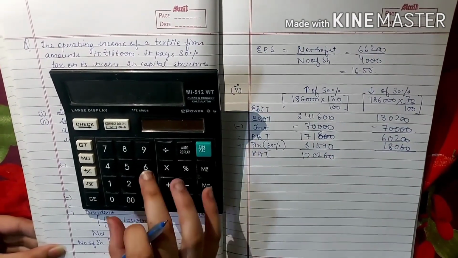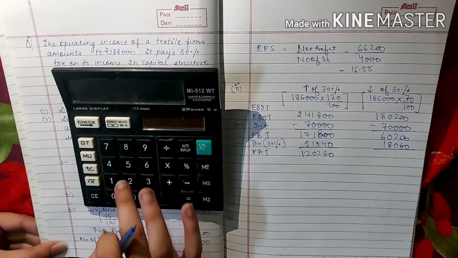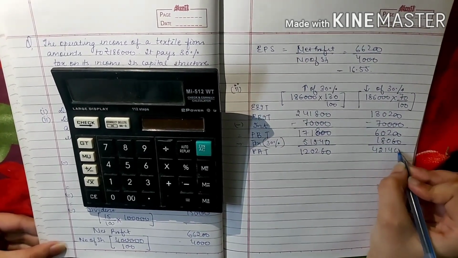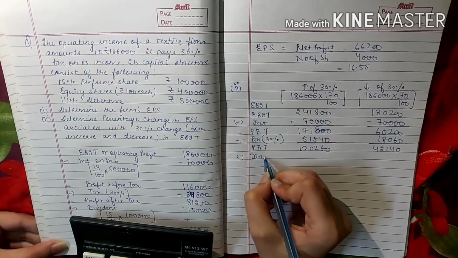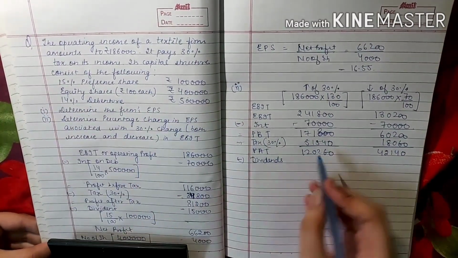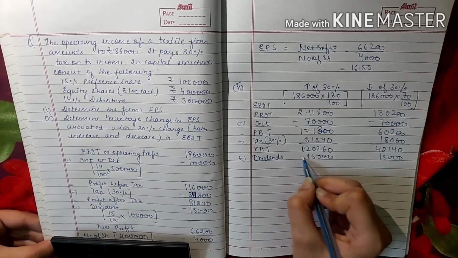And in second case, profit after tax will be 60,200 minus 18,060, 42,140. Now you have to deduct dividends, which is 15% of 1 lakh, that is 15,000 for both the cases.